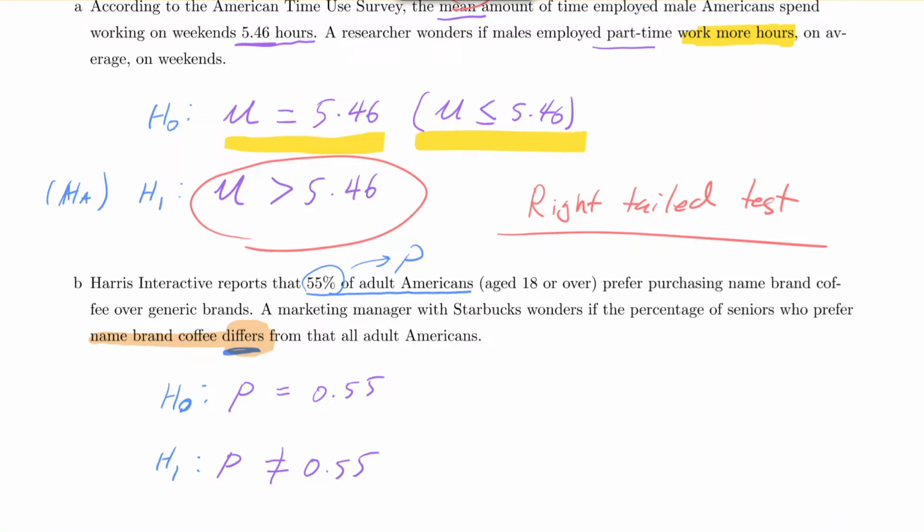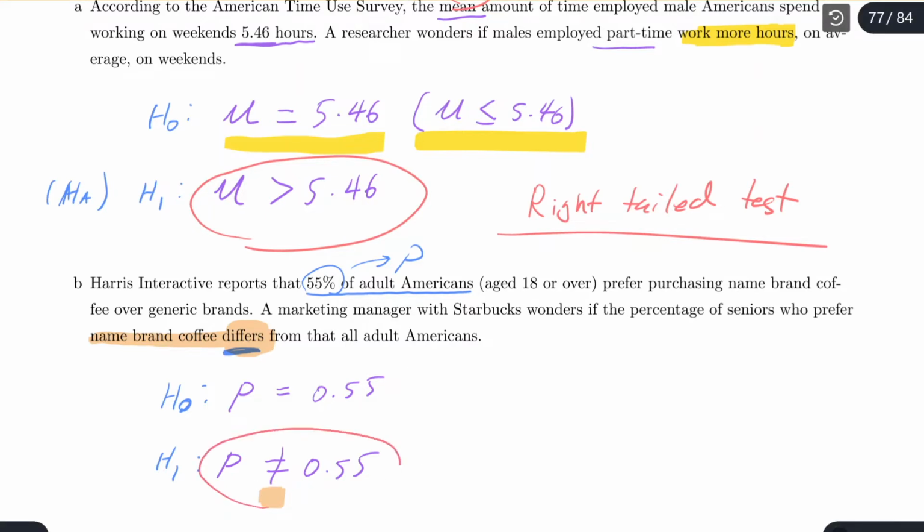So unless it's proven otherwise, we assume that seniors also prefer the same percentage. 55% of seniors also prefer name brand coffee. So in this case, the opposite of this is also equal. So there's no other way to write the null hypothesis. This is the only way for a two-tailed test.